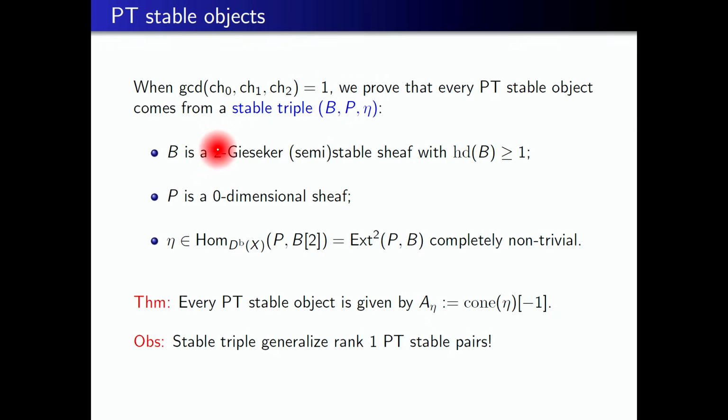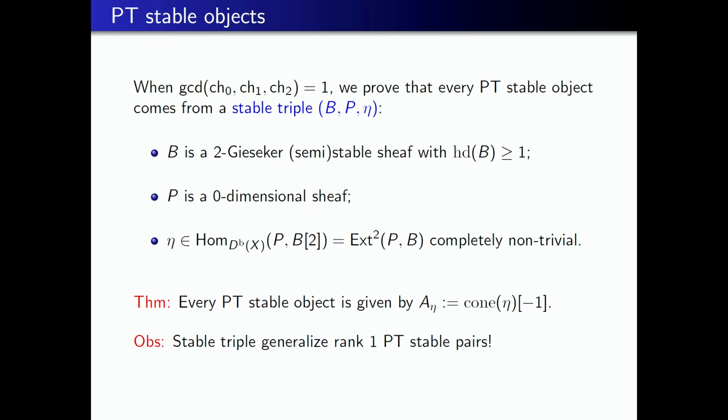You take a 2 Gieseker semi-stable sheaf, satisfying this other technical condition that the homological dimension is less or equal than 1. Sorry about that, right? So it's 2 Gieseker semi-stable sheaves with homological dimension at most 1.